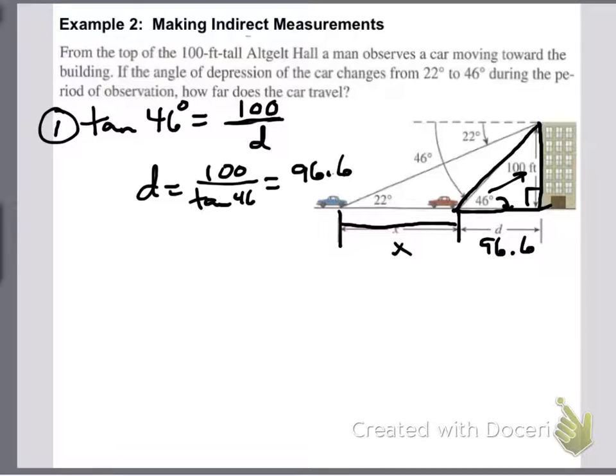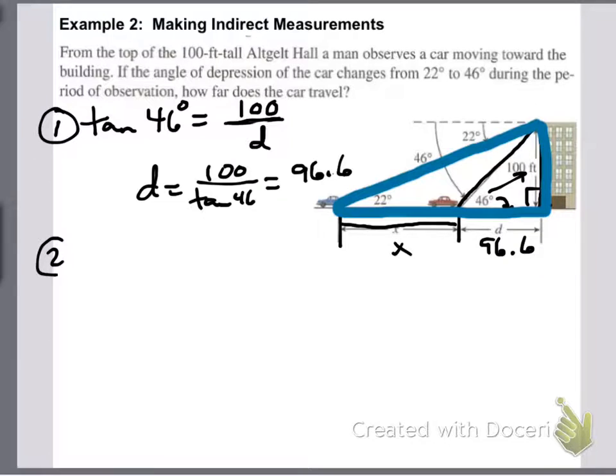Now, let me look at the large right triangle. Here's my 100 feet; that's still the height of the building. But now the length from where the car started to the building, how would I write that?